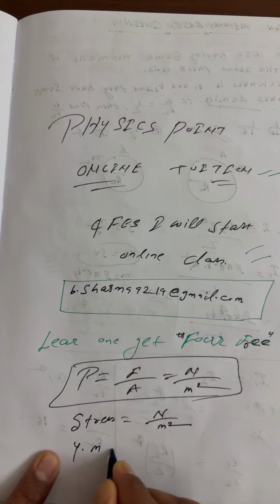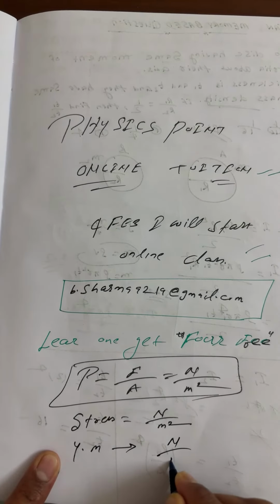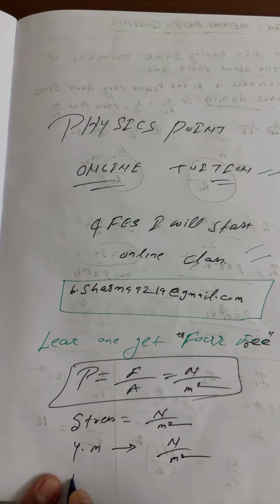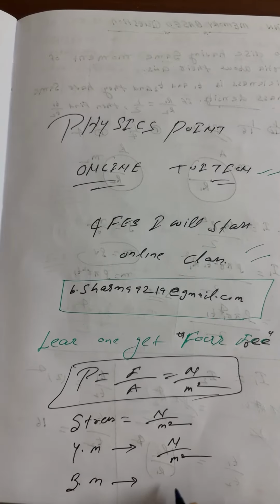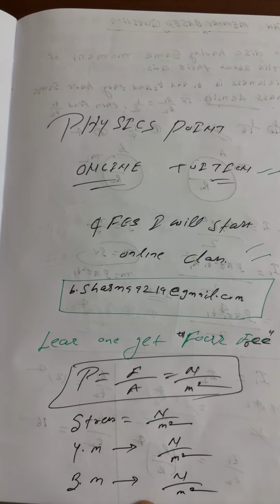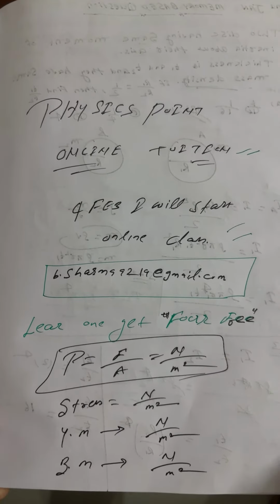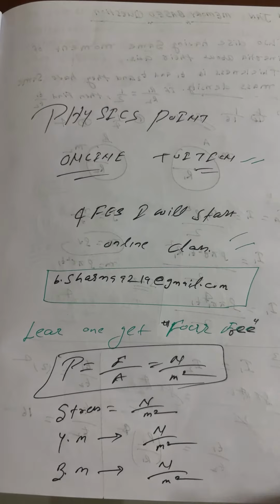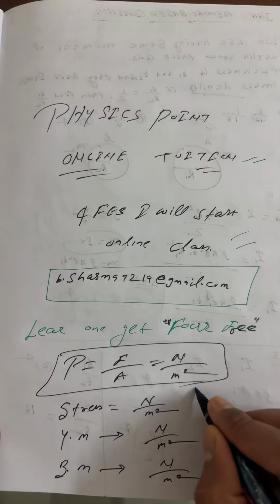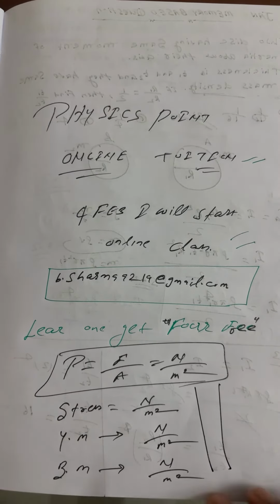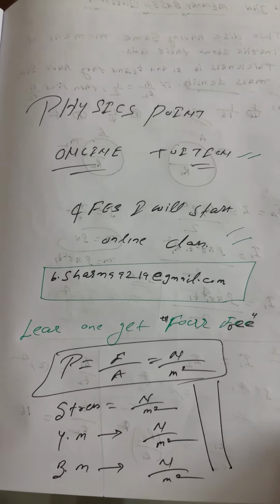Young's modulus is Newton per meter square. Bulk modulus is also Newton per meter square. So if you remember pressure, then you will answer all these questions. This is a way to remember and learn physics easily.